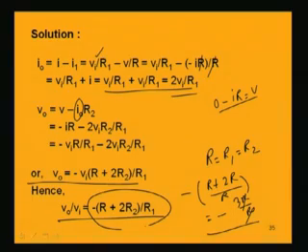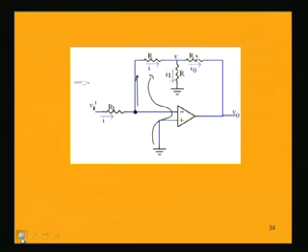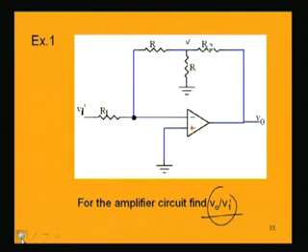So, properly choosing these resistance values, whatever we are connecting in this circuit, this is a typical circuit where the ratio between these two voltages, that is output and input voltage, will be determined by the values of the resistances which you are connecting. So, properly choosing these resistance values in terms of how much ratio between the two voltages you want to get, in that way you will be choosing these resistances.